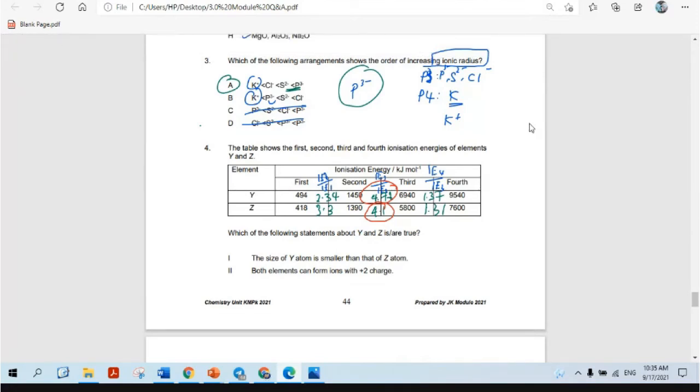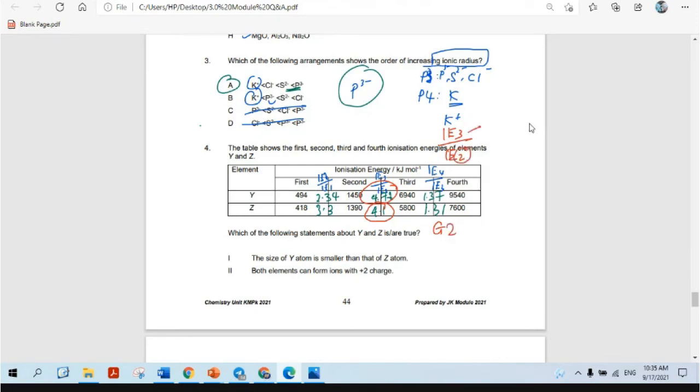I know they belong to the same group. Which group? What is the group for these two elements? Yes, group 2. Because IE3 to IE2 is the highest, so group 2.